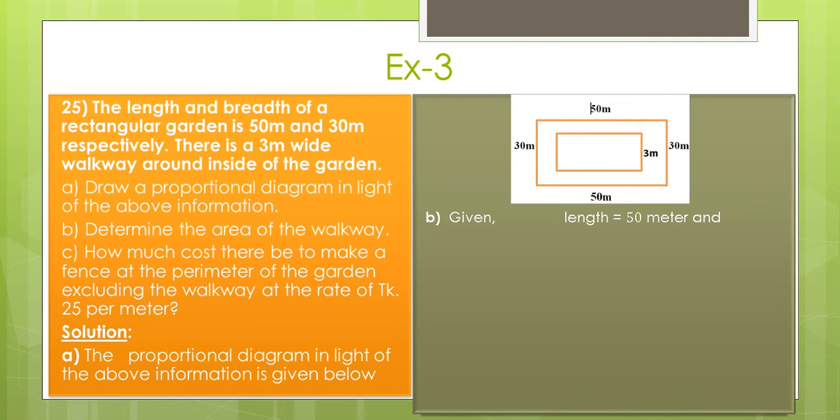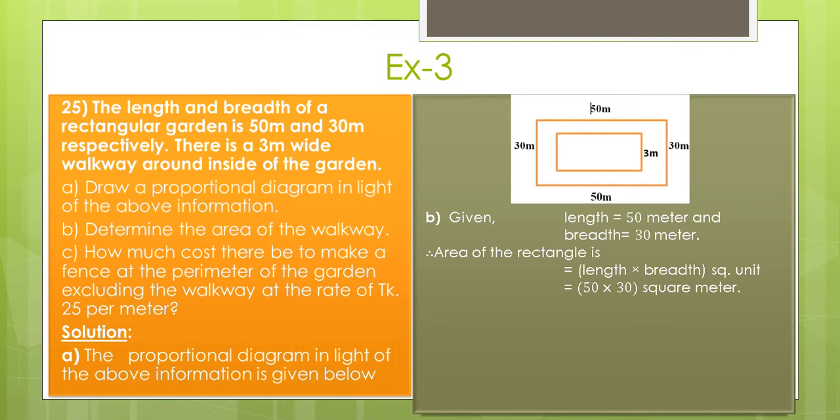So given length equals 50 meter and breadth equals 30 meter. At first we have to find out the area of the garden. Area of the rectangular garden is, already we have learned, length multiplied by breadth square unit.